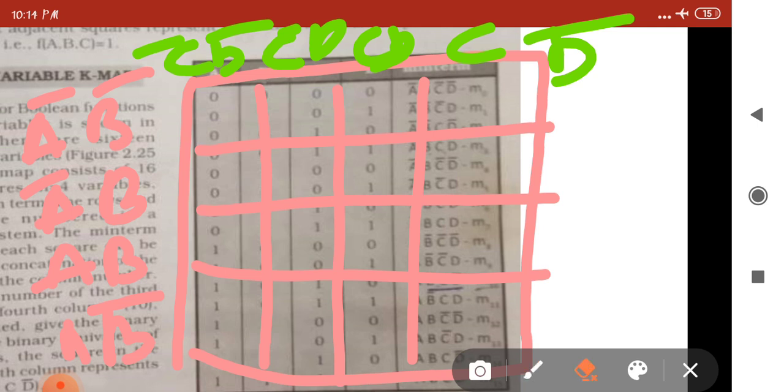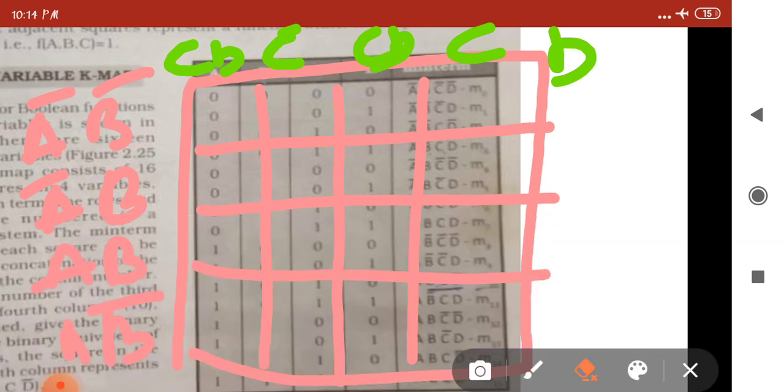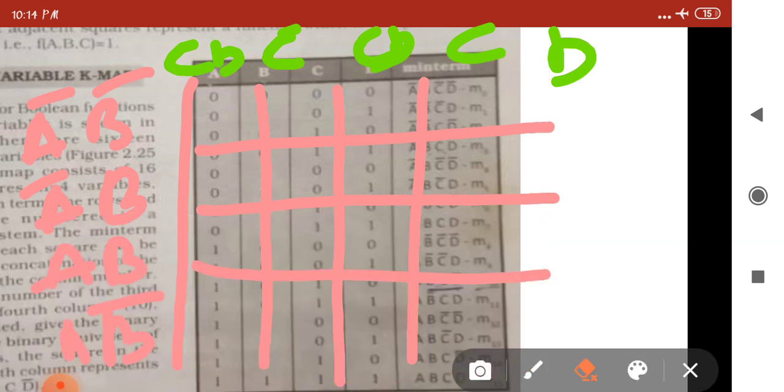I am going to write it once again. C bar D bar, C bar D, C D, C D bar.